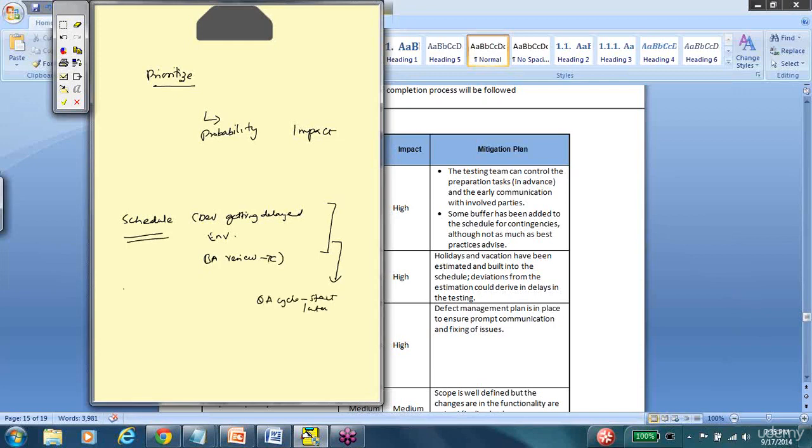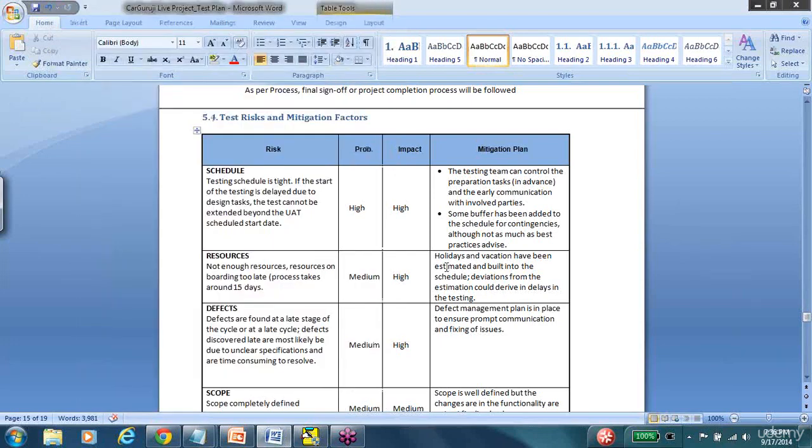And then there is another risk of natural disaster. Let's say, a tornado hitting you or something like that. Now, which one do you think probably will happen more, one or two? Yes, the schedule not being met has a higher chance of happening. That is why probability and impact are assigned values like high, medium, and low. Again, this is a guideline that has to be set beforehand.